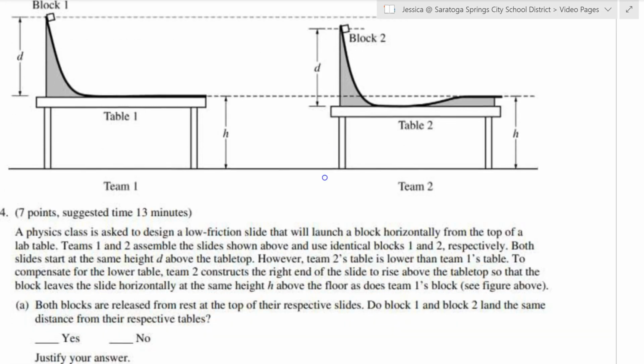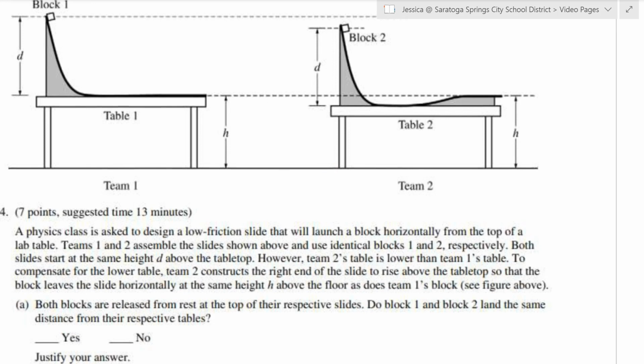Okay. So a physics class is asked to design a low friction slide that will launch a block horizontally from the top of a lab table. Team 1 and 2 assemble the slides as shown above and use identical blocks, 1 and 2 respectively. Both slides start at the same height D above the tabletop. However, Team 2's table is lower than Team 1's table.